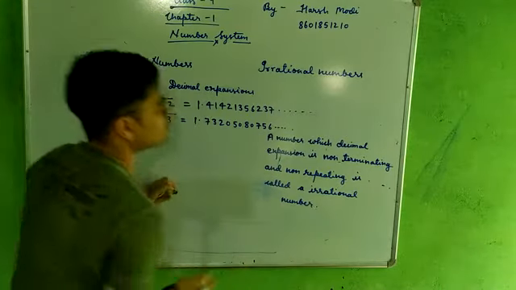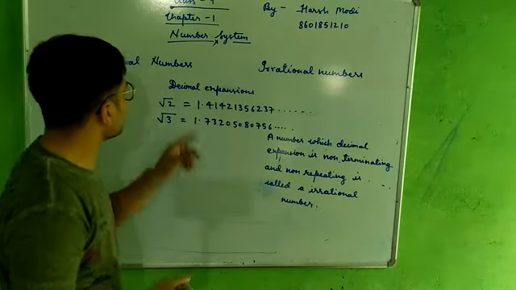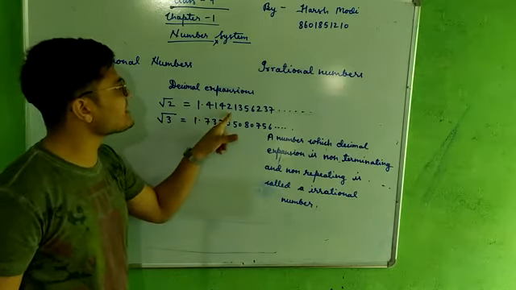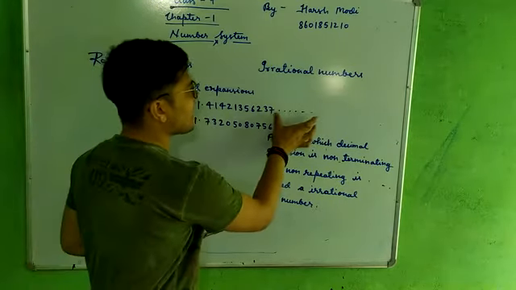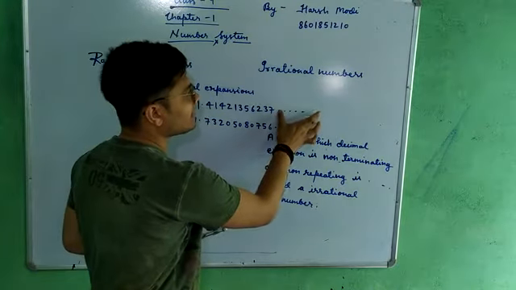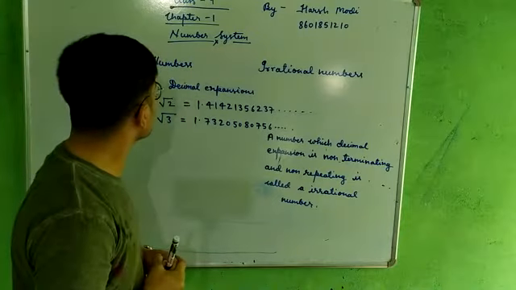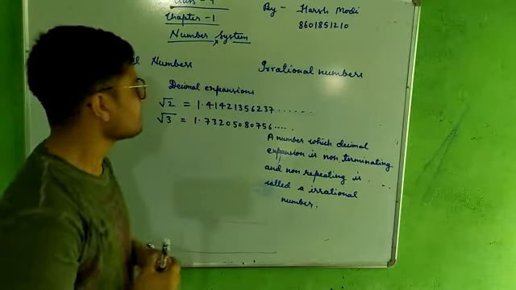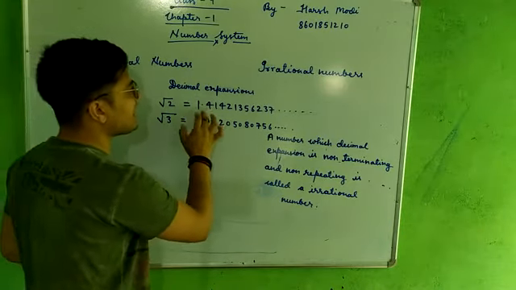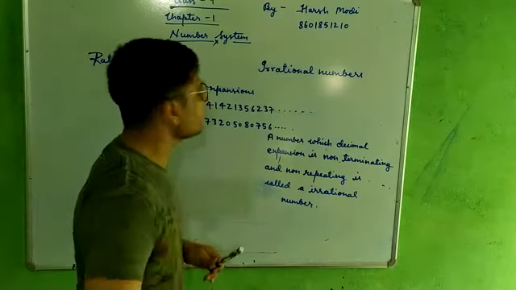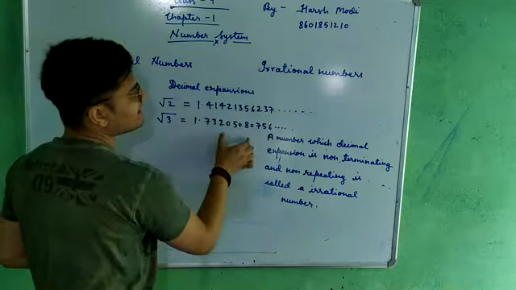Here you can see these two irrational numbers. We do not have any terminating answer for both under root 2 and under root 3, and neither do we have any repeating or recurring numbers in these two.